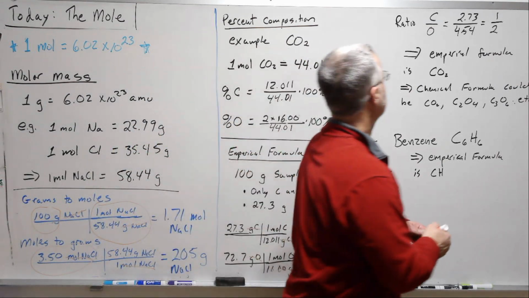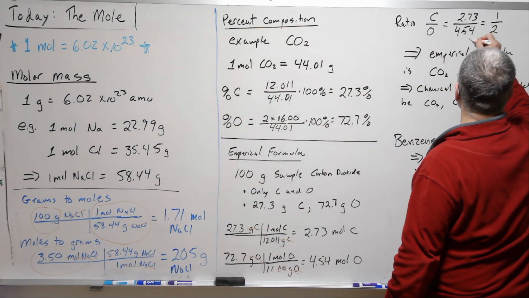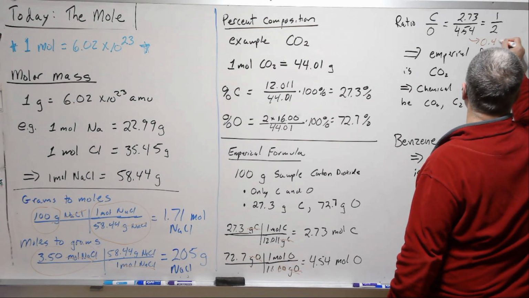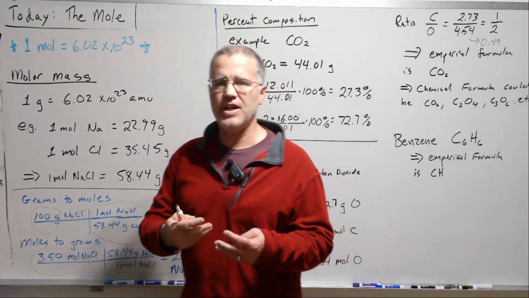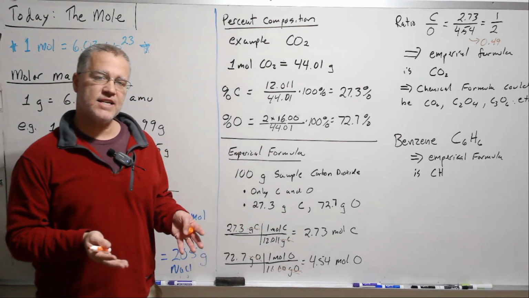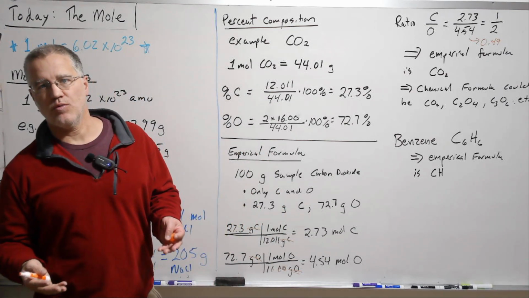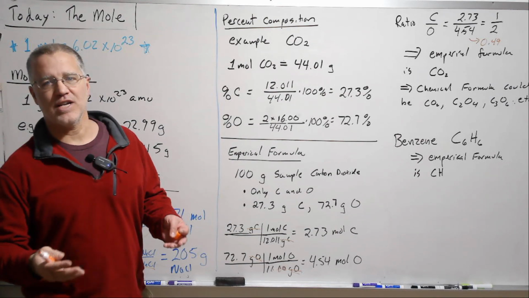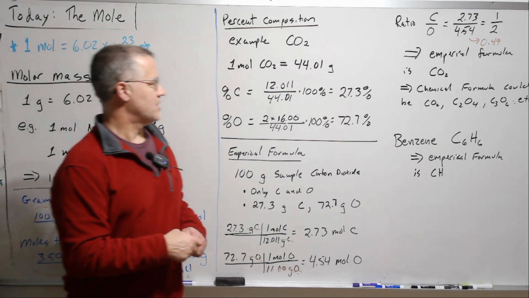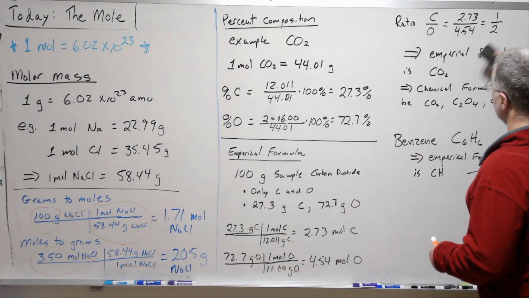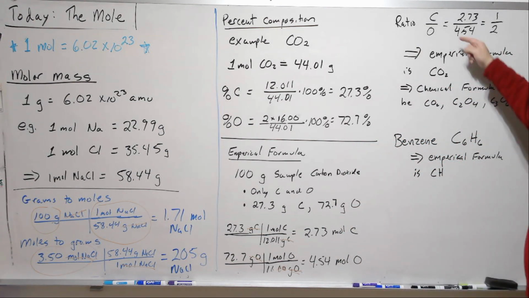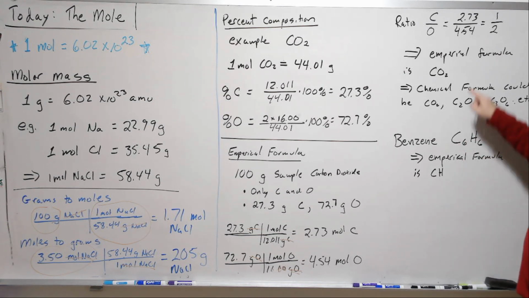So let's say this had come out to 0.49. Well, we'd say, okay, there's some error in there. We're expecting a low fraction, so that's probably 1/2, right? Not 49/100ths. So this suggests to us that the mole ratio in this compound is 2 oxygens for every carbon. So the empirical formula is CO2.